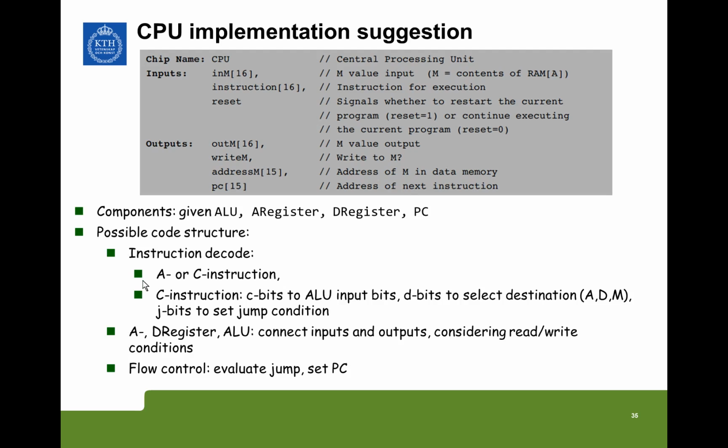One possible structure is first to decode the instruction, whether it is A instruction or C instruction, and if it's a C instruction, then divide the bits that control the ALU, that set the destination, and that set the jump condition. Then we could look at the control of the A register, the control of the D register, the control of the arithmetic unit, and finally deal with the flow control, that is evaluate the jump and set the program counter.